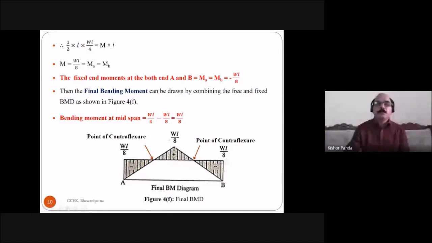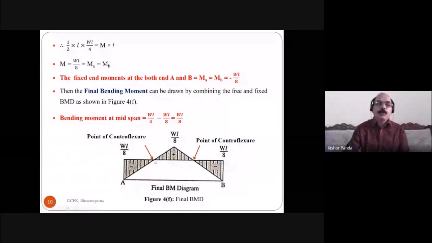So the maximum positive moment at the midpoint is WL by 8, and the maximum negative moment, that is MA and MB at both ends, is also equal to WL by 8.